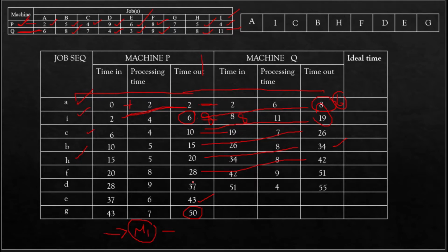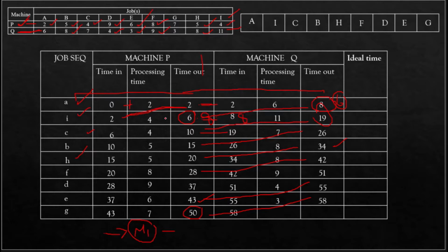Again you'll compare with the out time of machine 1, that is machine P, and machine Q. The maximum one is 55, so take it, and the E job processing time is 3. 55 plus 3 is 58. And the next, again compare, it's 50 or 58. So the maximum one is 58, take 58.